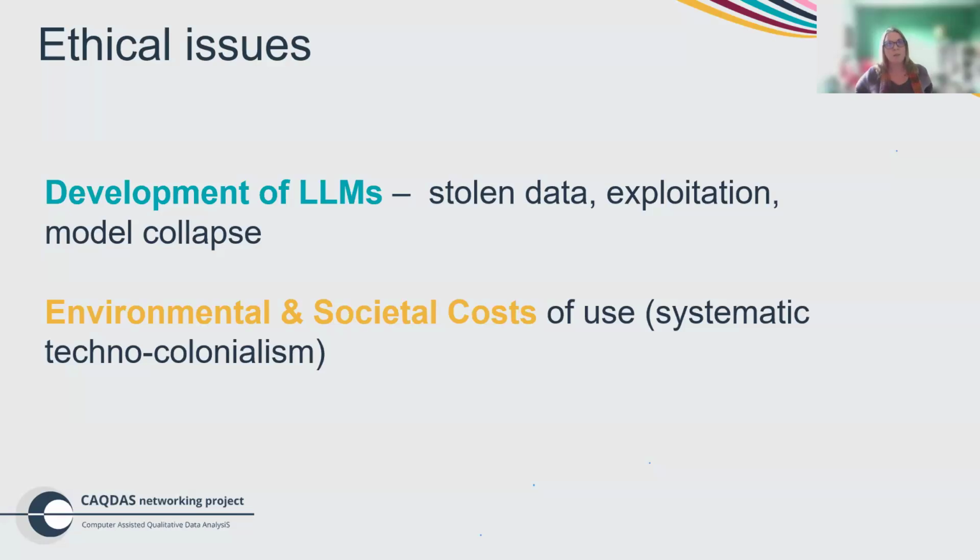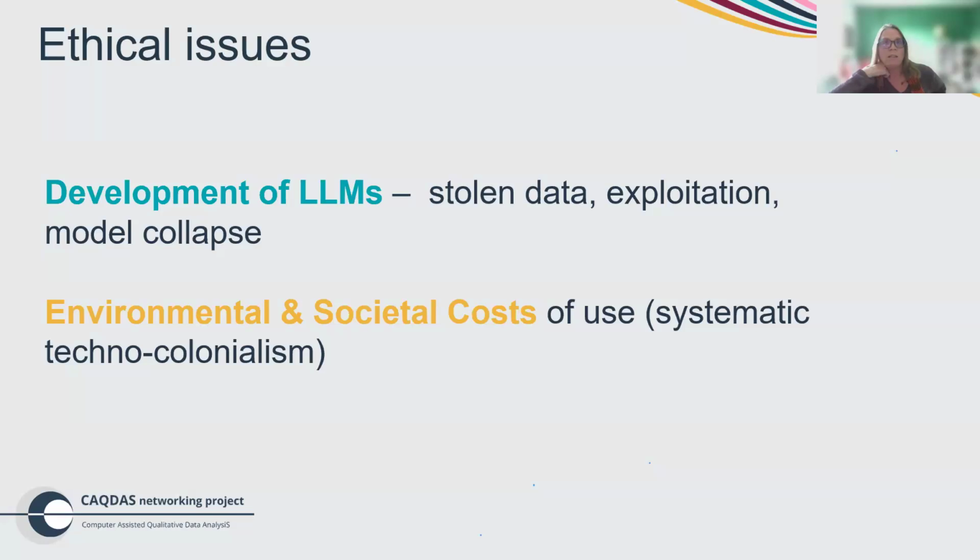So in terms of the development of large language models, there's various things to consider. You may be aware that there's various litigation going on at the moment in the United States and elsewhere around the idea that the data that these models are trained on was stolen, and that the humans who generated that data in the first place didn't consent and also haven't been compensated for the use of their data.